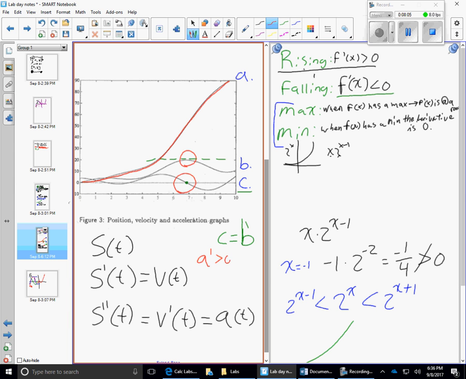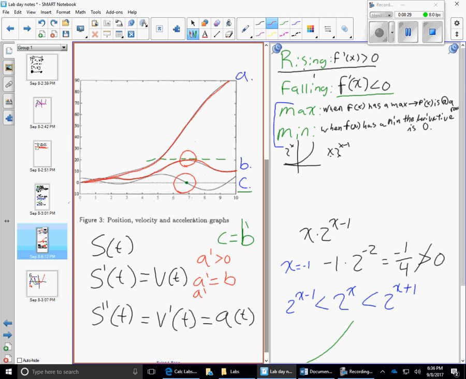And the only function that is always greater than 0 that's not A itself is B. You'll notice that B does not cross the x-axis whatsoever. Here it gets a little close, but B stays above the x-axis. So I know that A prime is equal to B.